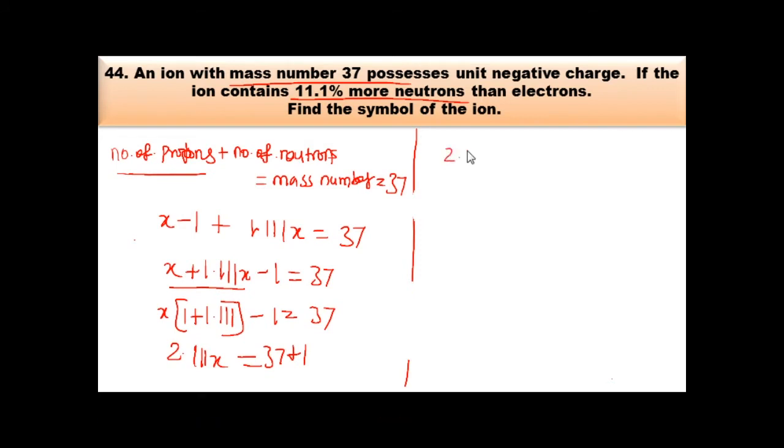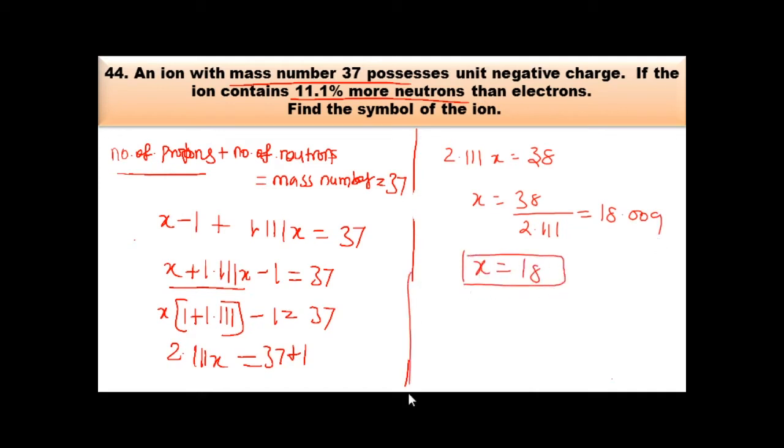So 2.11 X equals 38. So X equals 38 divided by 2.11, which is 18.009. So approximately X equals 18.